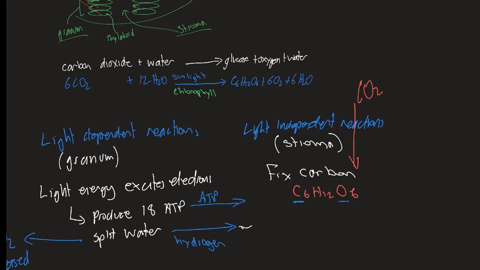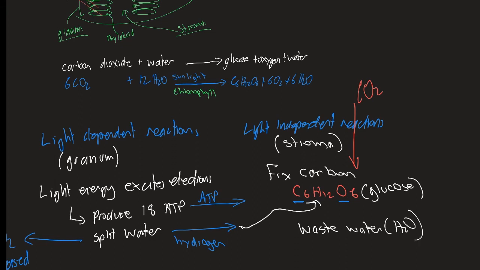And that hydrogen comes from the light-dependent reactions. So we fix carbon by putting together the carbon, the hydrogen, and the oxygen to form glucose. And the last part here is that we also produce some waste water. Wastewater, H2O, is released.